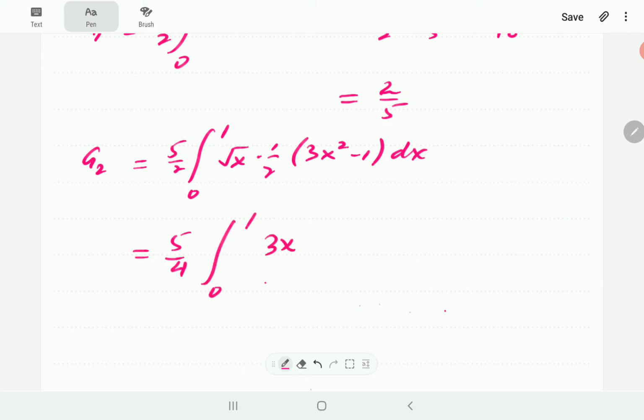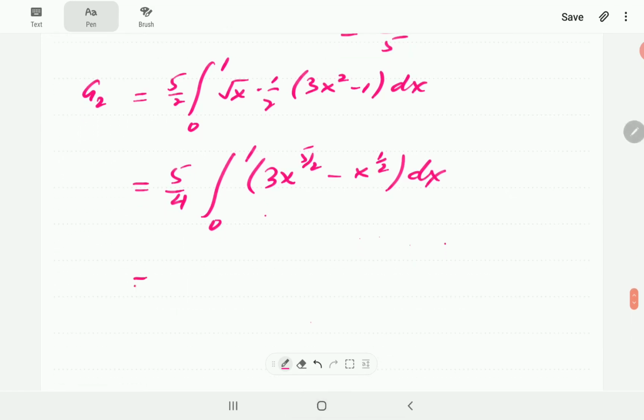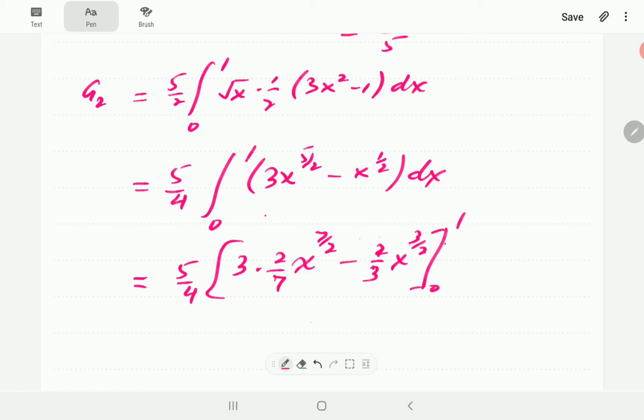The integral of that is going to be 5/4 times (3 times 2/7 x to the power 7/2 minus 2/3 x to the power 3/2) integrated from 0 to 1.